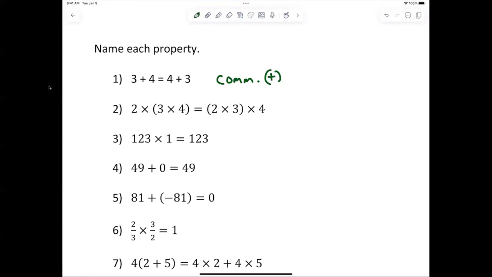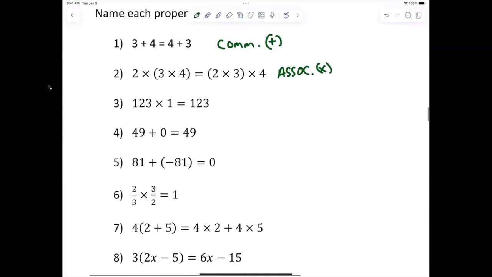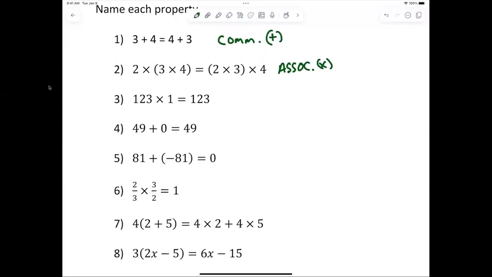Surrey, number 2. Be careful how you abbreviate associative. Associative of multiplication. Good. Sunshine, what do we got for number 3? What multiplicative? I know there's something else you left out. Yes, multiplicative identity.